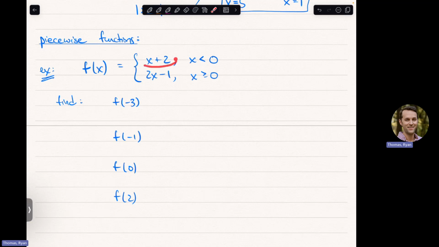And then the first part is the usual function representation, symbolic form, formula kind of thing. And then this part tells us when we use each piece.